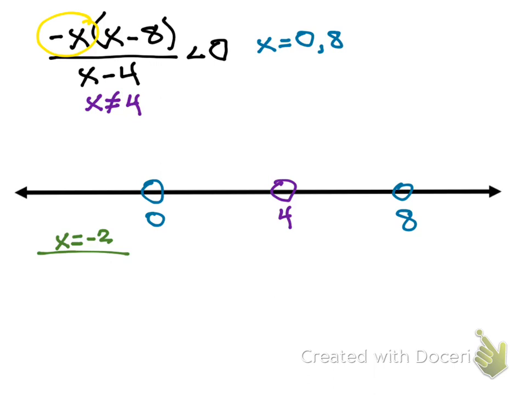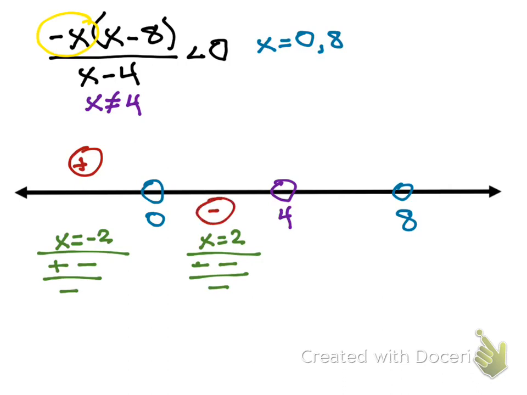My first factor there then would be positive, negative over negative, which gives me positive to the left of 0. Between 0 and 4, x equals 2, we would have a negative factor and a negative factor, giving me negative in that interval.